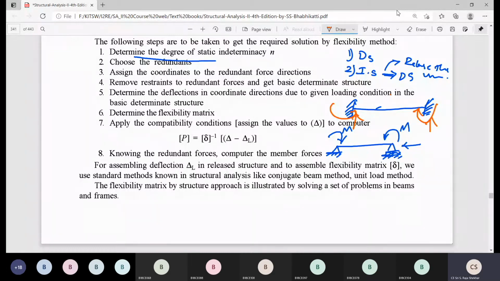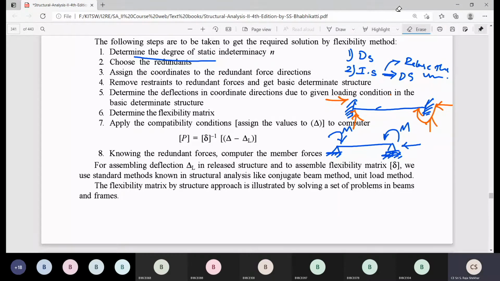Now I want to remove this moment reaction. By removing this moment reaction, I am applying a moment here. Here the fixed moment is anti-clockwise, so I am applying a clockwise moment to counteract this one.